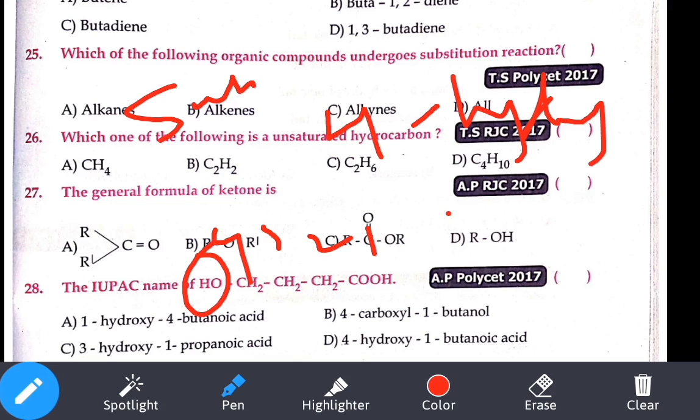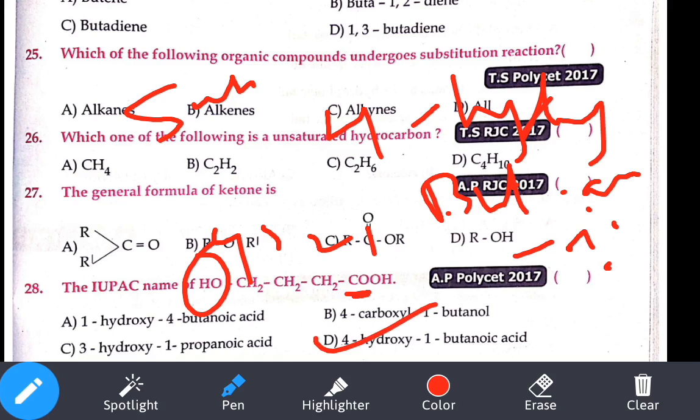Then we write the word root: methane, ethane, propane, butane. So 4 carbons is but- hyphen. Is any double bond there? Not there, so we write an. Is any functional group there? Yes, the carboxylic acid functional group is there, so we write oic acid. So 4-hydroxybutanoic acid. Option number D.